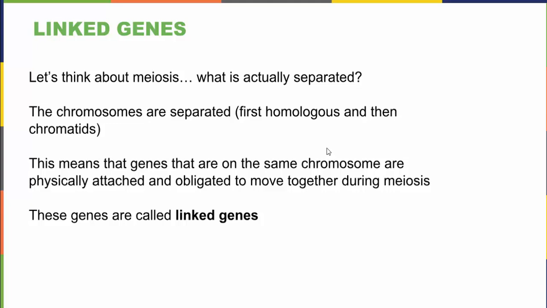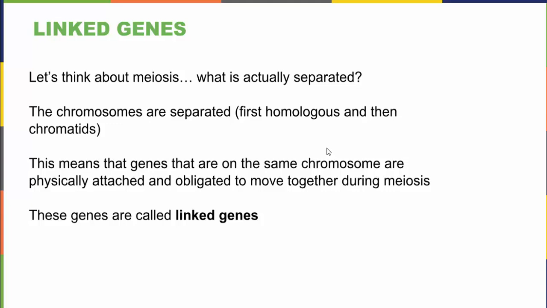So, linked genes is something else that we need to talk about for genetics. Linked genes are genes that are both on the same chromosome. So if you think about meiosis and what things get separated into gametes, we're separating chromosomes into gametes. We're not separating genes into gametes because there's 22,000 genes.